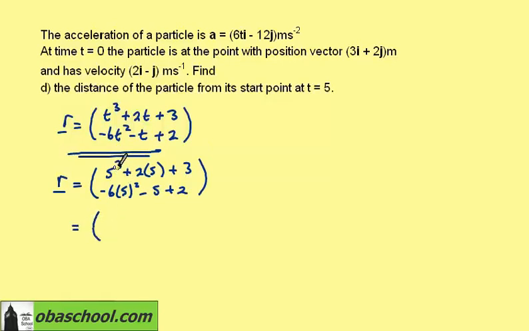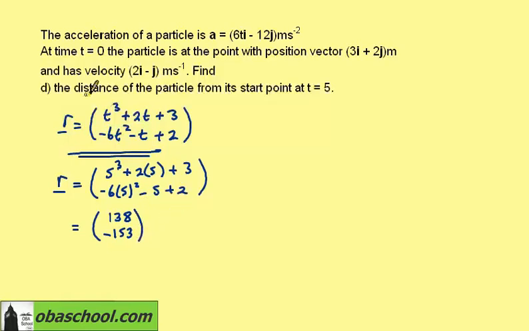This is 125 plus 10 plus 3, which is 138. And then minus 6 times 25, take away 5 plus 2, gives us minus 153.